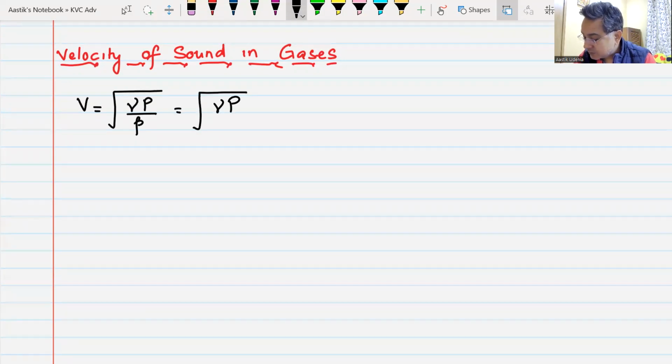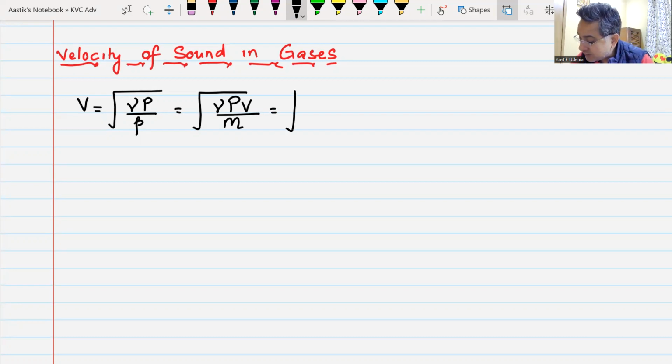Gamma P, and density is mass divided by volume, so you can write the total mass of the gas divided by the volume of the gas.